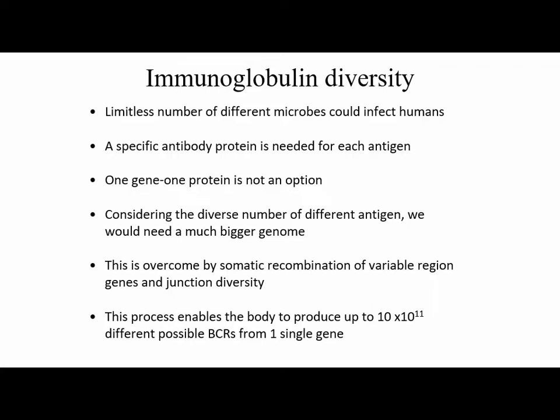Alongside junctional diversity, which we'll cover. And by doing this process of somatic recombination and junctional diversity, we're able to achieve a vast number of different types of B cells with different types of B cell receptors. And we're talking up to 10 to the power of 11 or greater, okay?